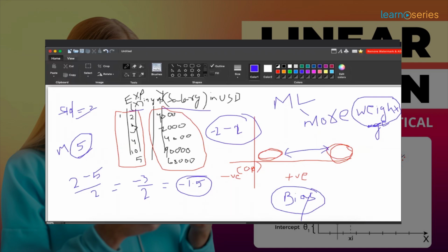Likewise, for this column also, what you will get is around 33,000 as your mean.